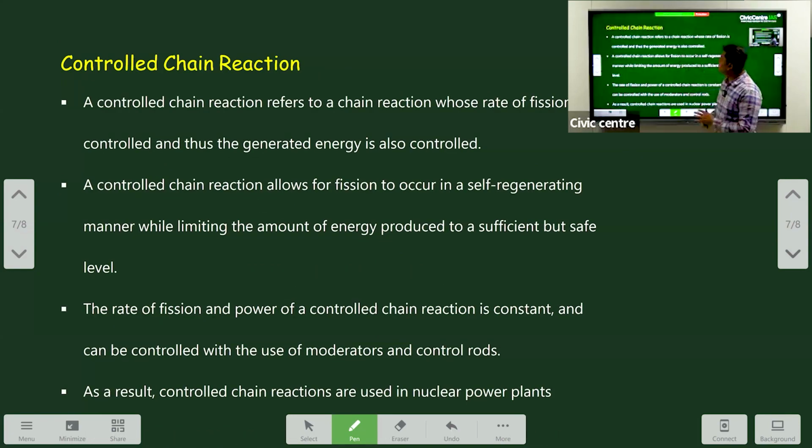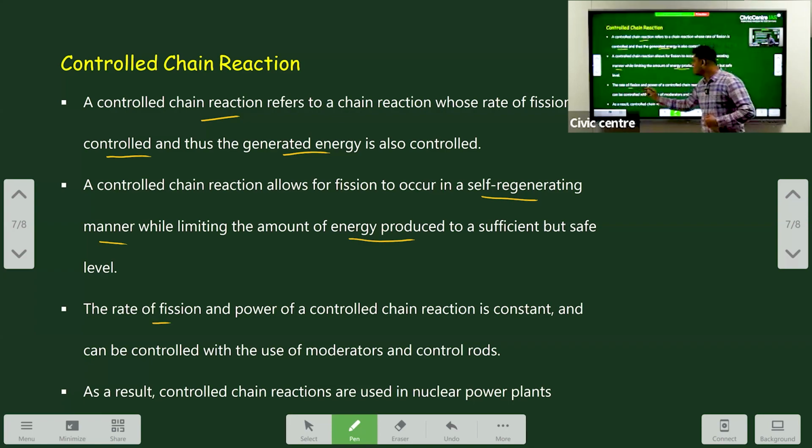Now, the controlled chain reaction refers to a chain reaction whose rate of fission is controlled, meaning the rate of reaction does not increase, and the generated energy is also controlled. Thus, a controlled chain reaction allows the fission to occur in a self-generating manner while limiting the amount of energy produced, keeping us safe from an uncontrolled environment.